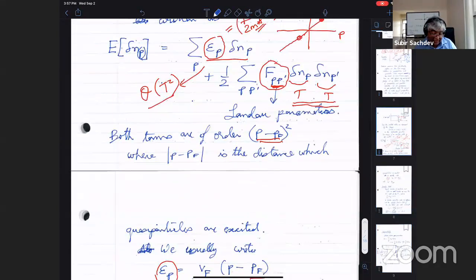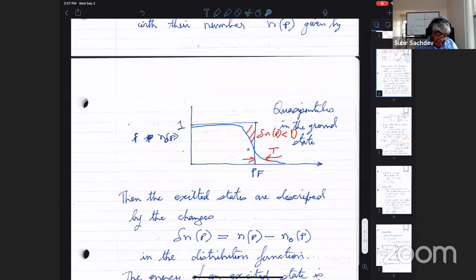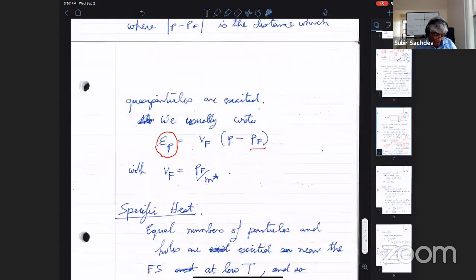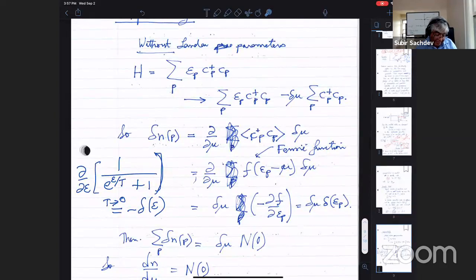As T goes to 0, it becomes a step function, and the derivative of the step function is a delta function at this point. It's negative because the step function goes down. But you can formally just play with this and verify this. An important identity that's useful to know.